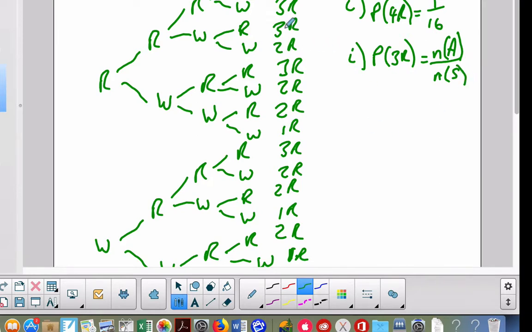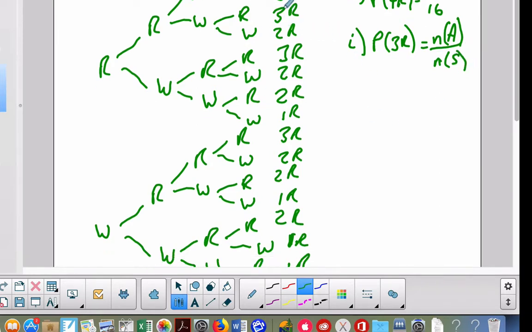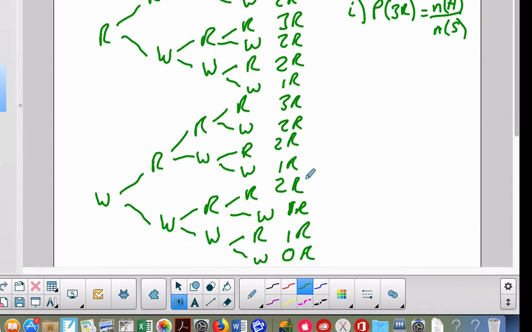And so there is 1, 2, 3, and 4 ways. So 1, 2, 3, 4 ways that he can get 3 right. And so that will give you 4 out of 16, which is 1/4.